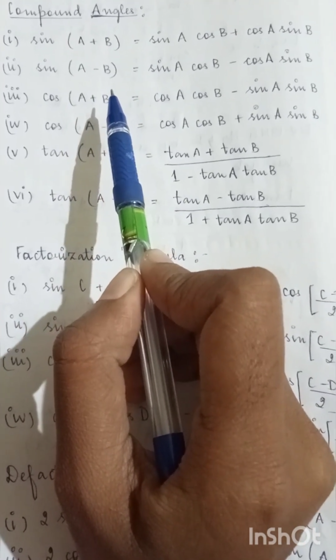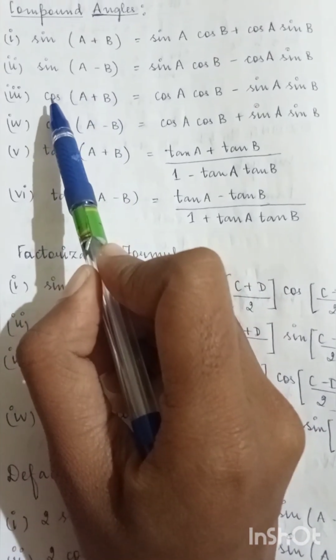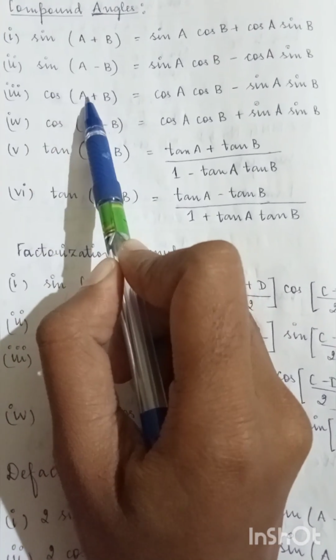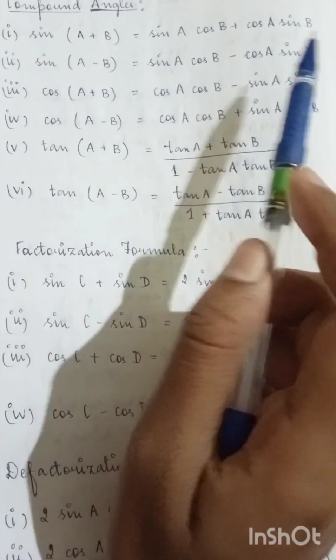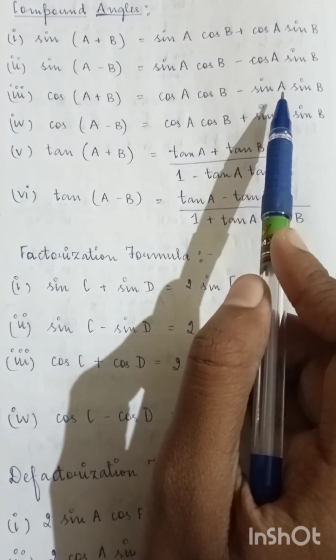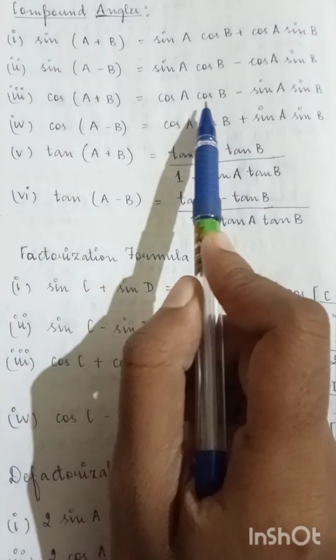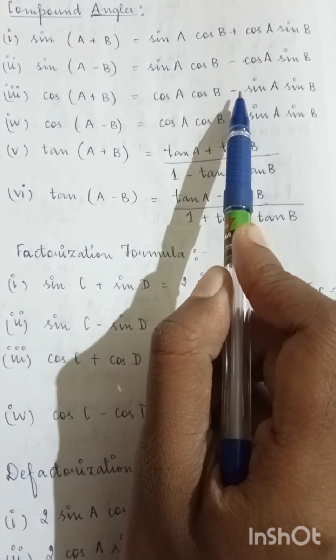It always, so it can be considered as positive. So we can write it as cos a cos b minus sin a sin b. Sin is ready to give, but cos will not let. So there would be a minus sign between.